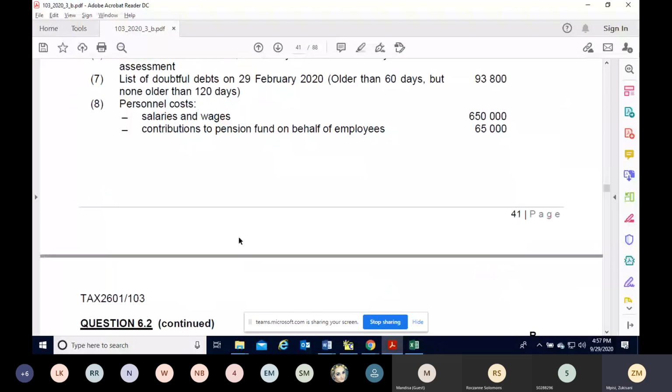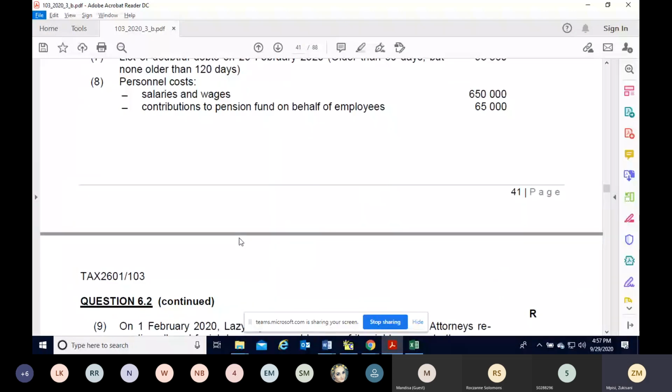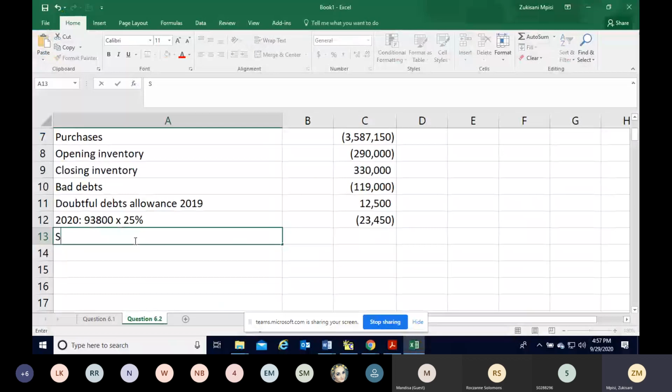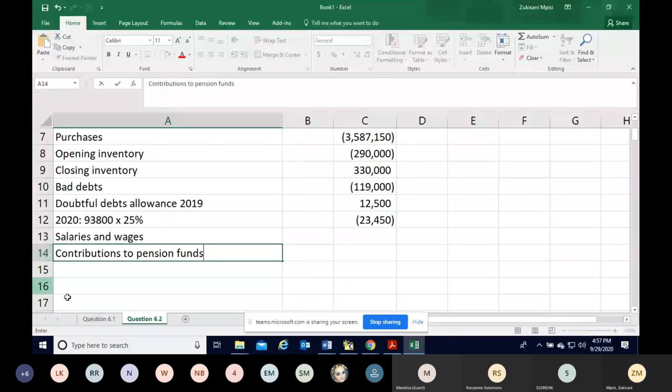Personnel costs: salaries and wages, contributions to pension funds. Remember this one.